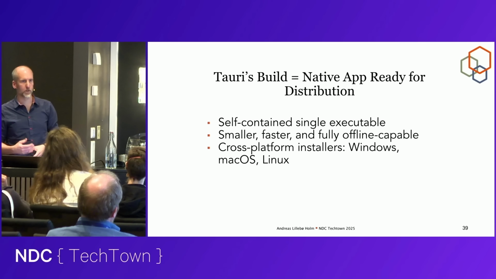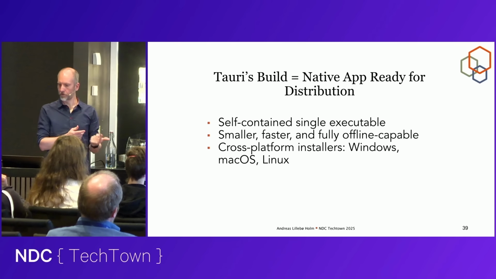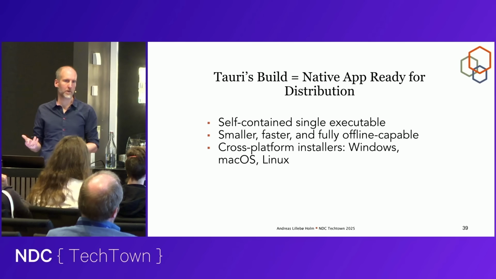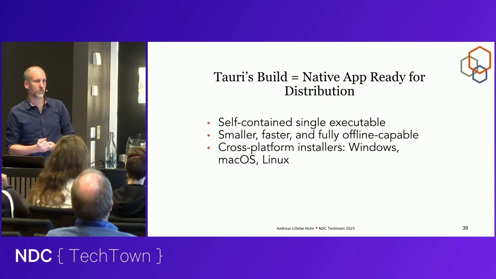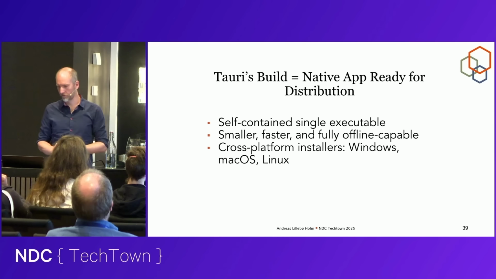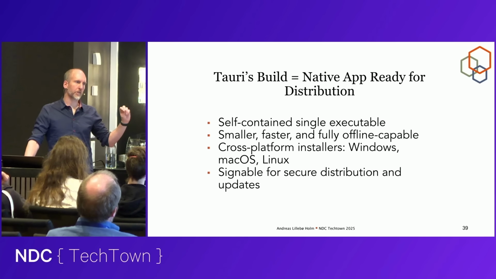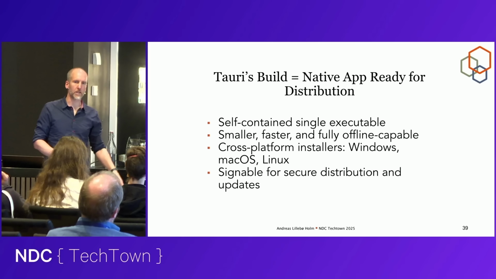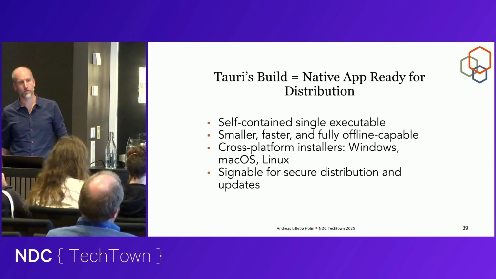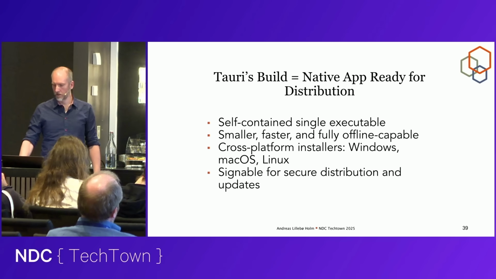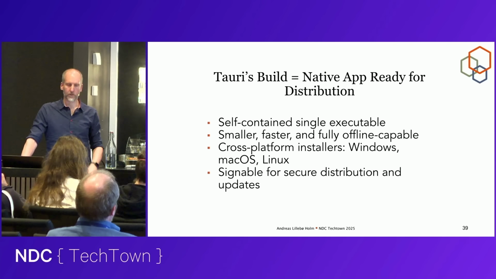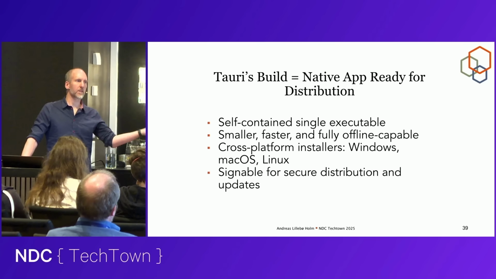So you build it to the .msi, the .dmg, or the .deb, which is what you need to give to your users. And you can run the signing for each platform that you need to securely distribute and update your application. So that means that you can build it directly and provide it to your customers.